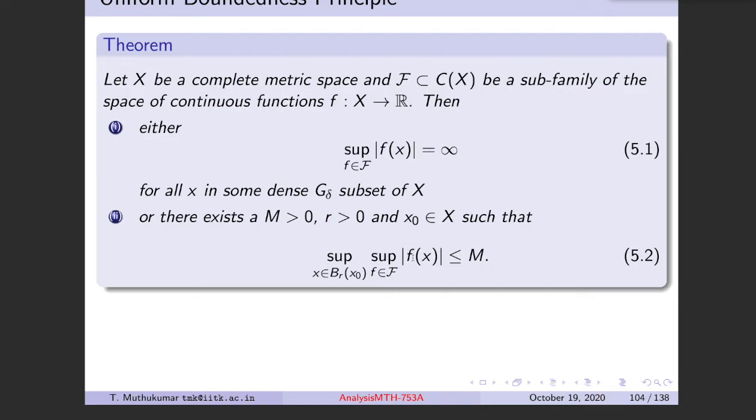This is exactly what we proved some time back in a lecture. What's happening in our case is that we started with the supremum of something being infinity, which means that this has to be infinity for all. In this case, the x is the little f and the family is the T in our case. So the capital T is here, and these x's are the little f's. So there is a G delta set such that for all f in the G delta set, something happens. That's what we are trying to say there.